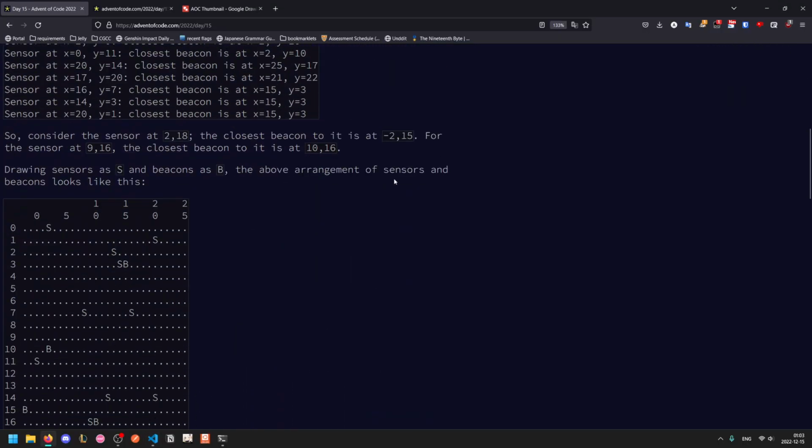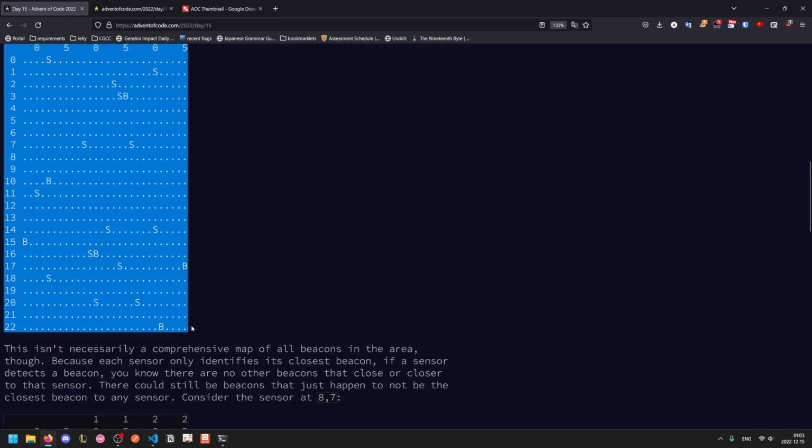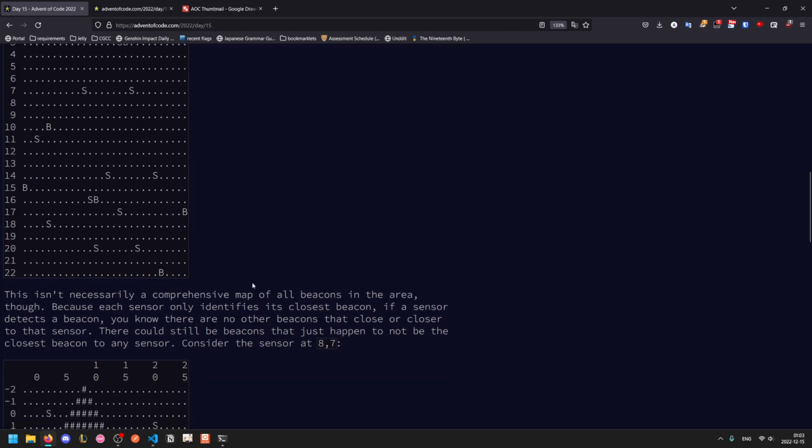Okay. So this is a graphical representation of the test data. This isn't necessarily a map of all of the beacons though, because each sensor can only see the closest beacon. If a sensor sees a beacon, then you know that there are no other beacons that have distance closer than or equal to that one.